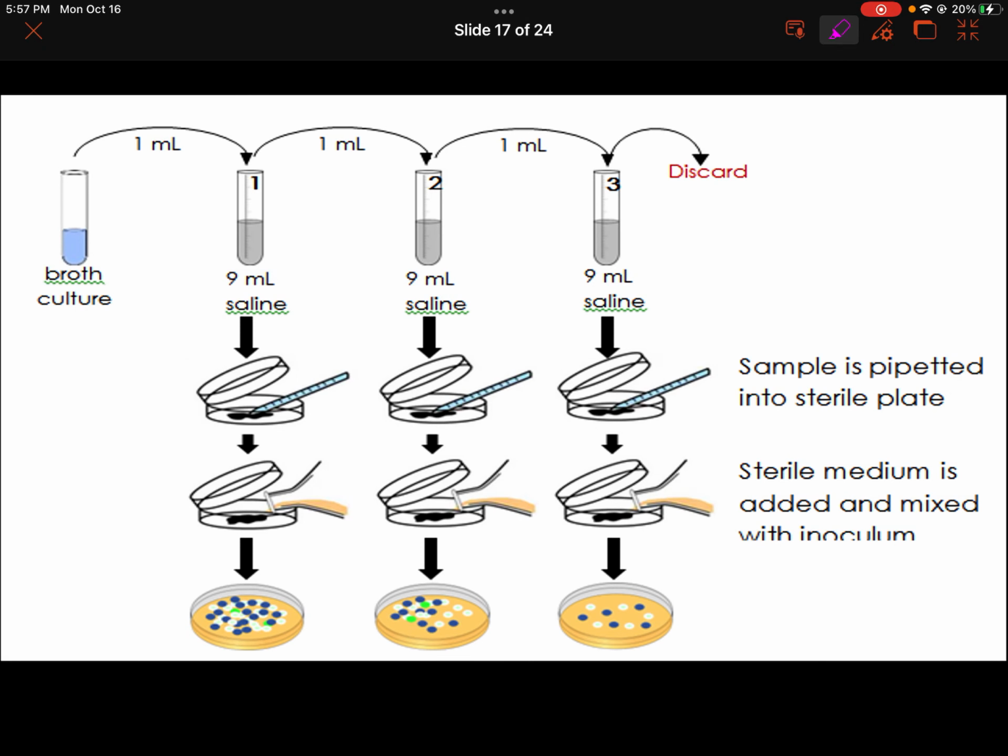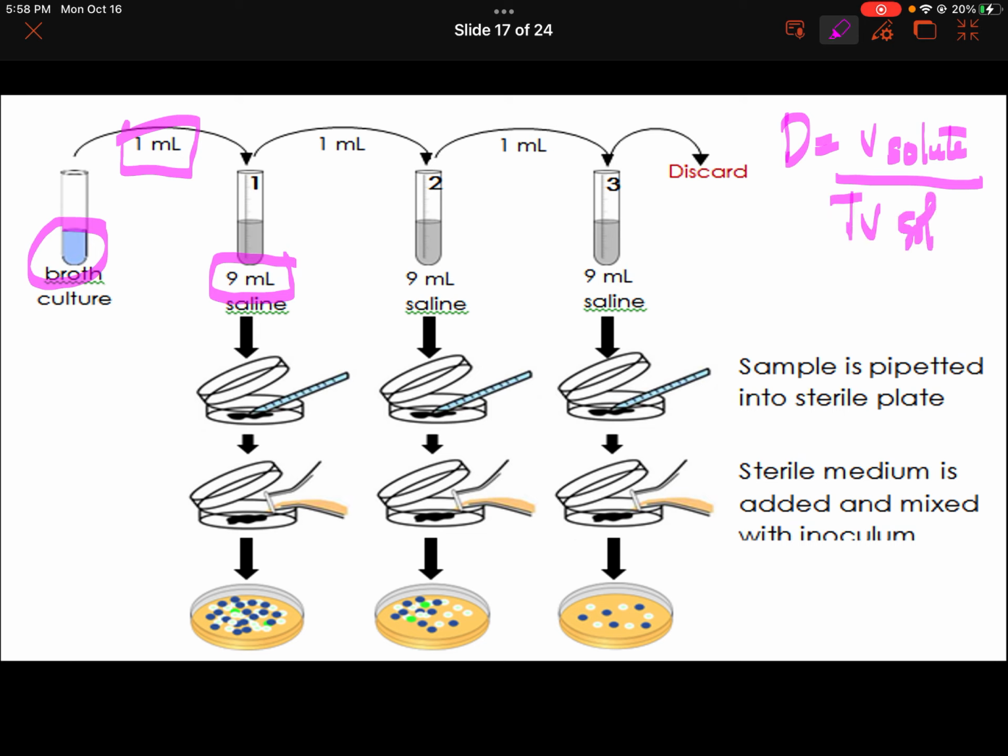Normally, you would first perform dilution. After diluting serially, for example, in this case, you get 1 ml of bacterial culture and mix it with 9 ml saline. So 1 ml plus 9 ml. Again, the formula of dilution is the volume of solute over the total volume of solution.